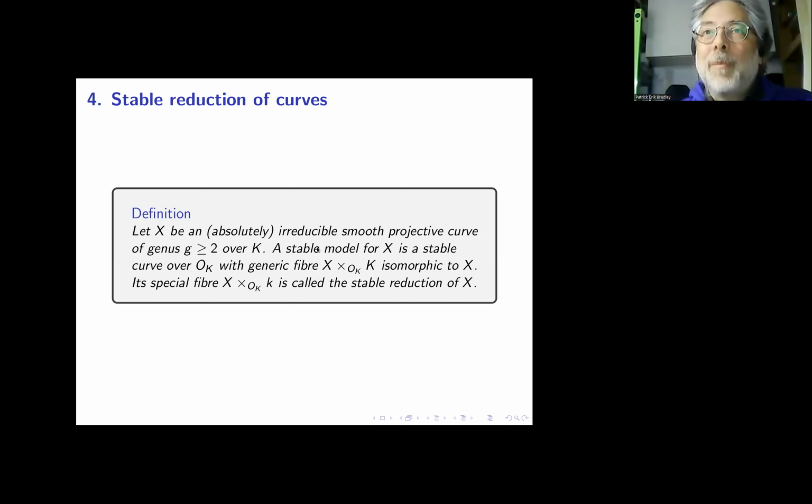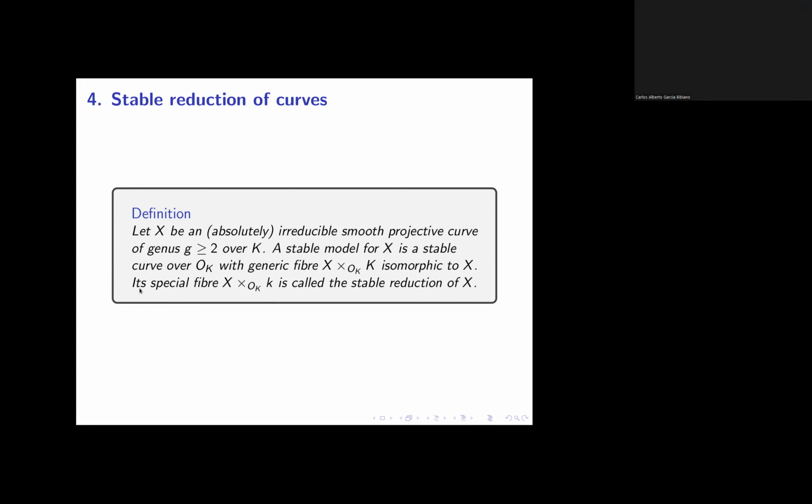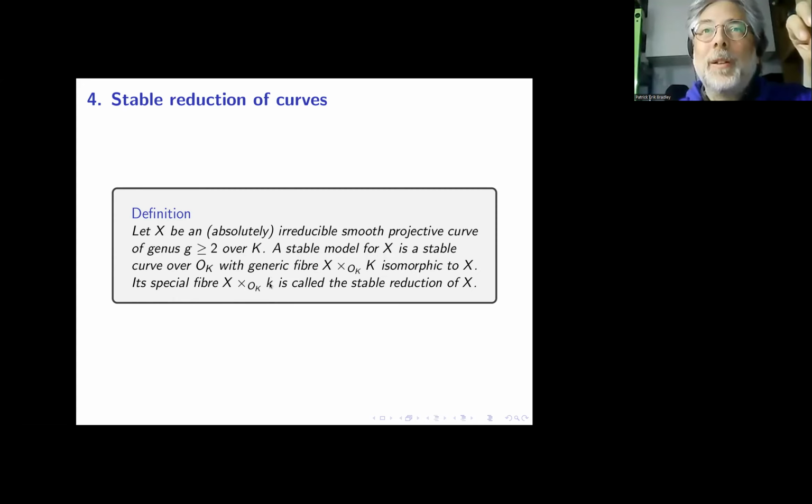And you can define a stable model for X if you have a stable curve over the local ring, and the generic fiber, if you take the fiber product with K, with a capital K, is isomorphic to the given curve X. I should have taken a different symbol for this stable model of X. But the special fiber, over the small residue field, is called the stable reduction of X. So the stable curve is over the residue field, the singular curve, and over the big field K, the so-called generic fiber, you have an irreducible, smooth curve.